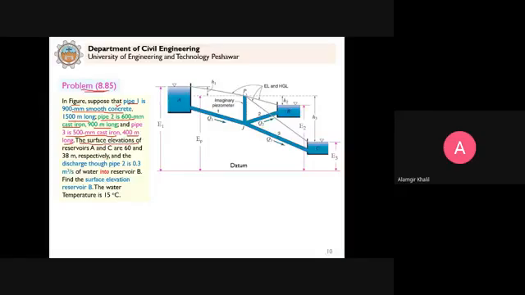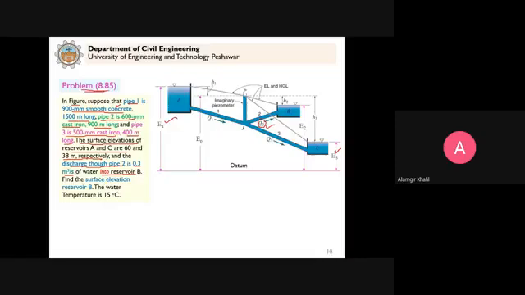The surface elevations of reservoir A and C are 60 meter and 30 meter respectively, and the discharge through pipe 2 is 0.3 cubic meter per second of water into reservoir B. So now you can see this Q2 is given. What is given? E1 is given and E3 is given and discharge for the second pipe is given.